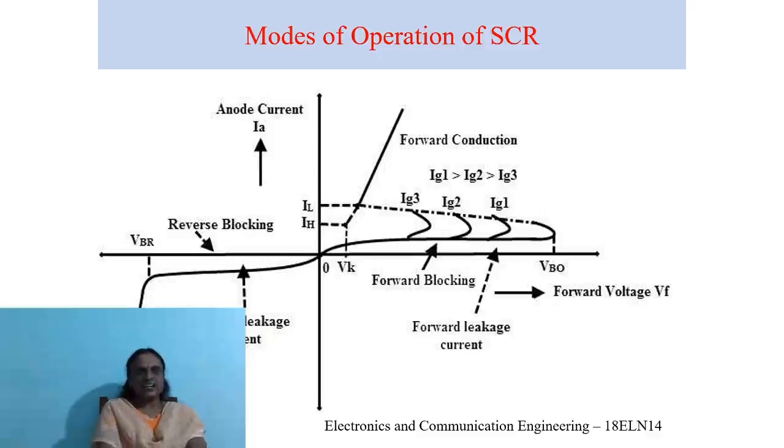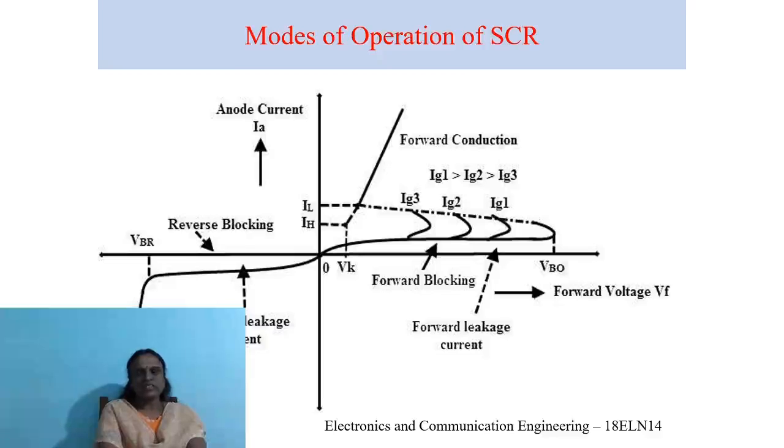Okay, the SCR comes into the conduction mode, forward conduction mode, from forward blocking mode in two ways. It can be done in two ways. Either by applying a positive pulse to the gate terminal or by increasing the forward voltage. Forward voltage is the voltage between the anode and the cathode. Okay, beyond the breakover voltage of an SCR.